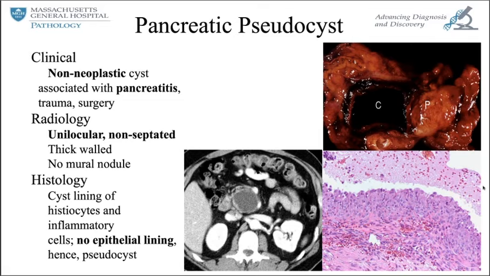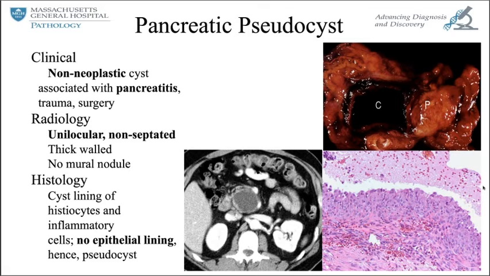By imaging, pseudocysts are unilocular and non-septated. So when imaging shows you a multicystic lesion, pseudocyst falls off the differential diagnosis. They are thick-walled cysts, and they do not have an associated mural nodule.